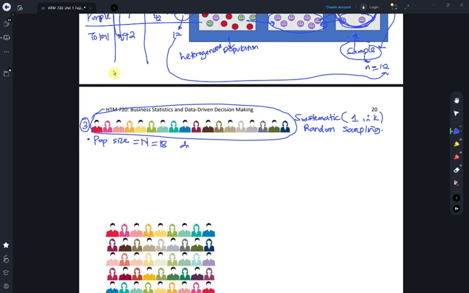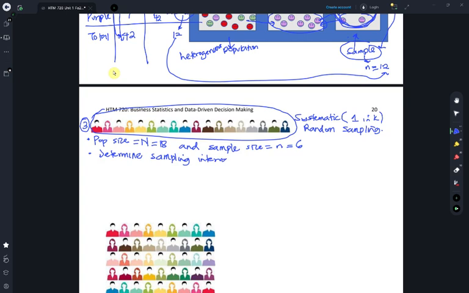And I would decide what my sample size would be. How many people do I want to select to represent this group? That is my sample size. That will be lowercase n. I want 6 people to represent this group. So the first step would be to determine my sampling interval.